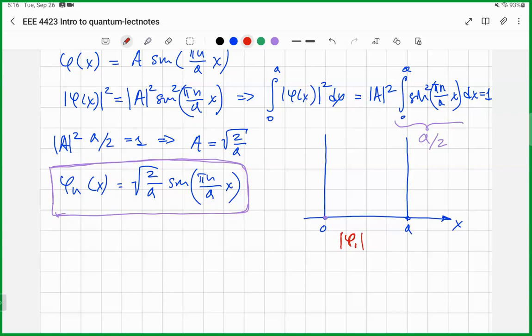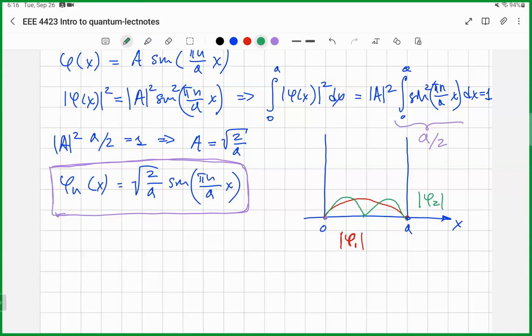It's going to be just half of the sine, so it's like this, right? So it's the modulus of phi. For the second state, it's going to be 0 somewhere here, so it looks like this. So this is the state phi 2.